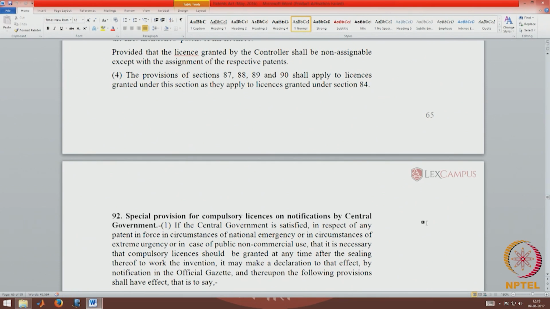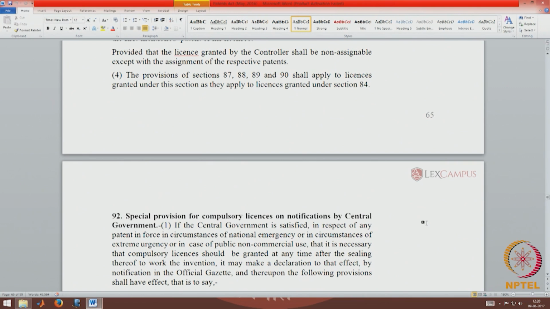Now what is important here is the grounds in 84 will not apply for a compulsory license under section 91. So we saw that there were certain elaborate grounds, and we also saw that the grounds were enumerated. What reasonable requirement is enumerated under subsection 7 of section 84. So all these details will not apply, and the 3-year time limit will also not apply in case of 91.